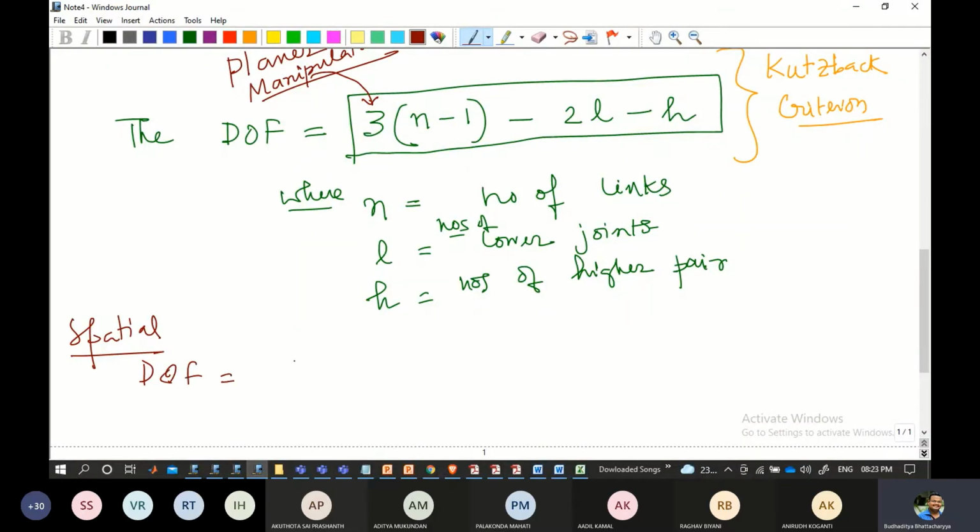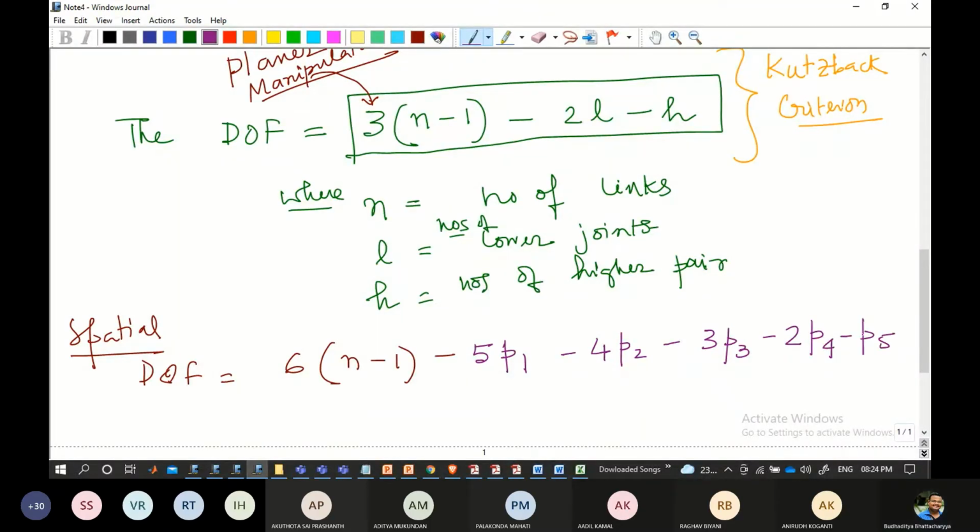So the DOF equation would look something like 6 of n minus 1, minus, see, this is where it becomes a little different, 5p1 minus 4p2 minus 3p3 minus 2p4 minus p5. All right, now you might ask, what exactly are these?